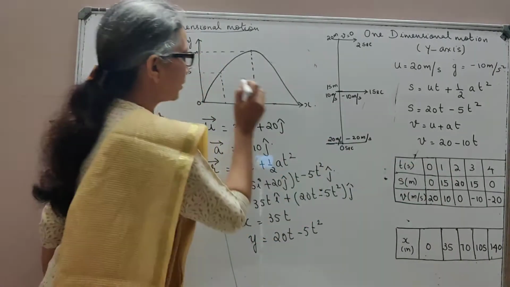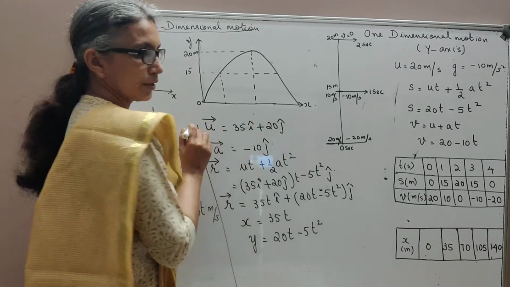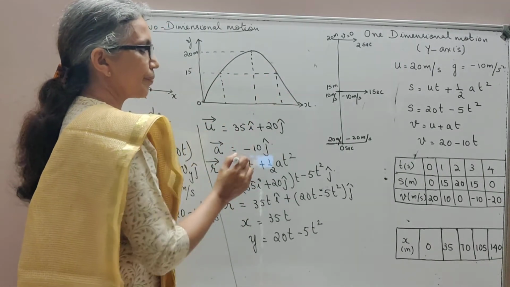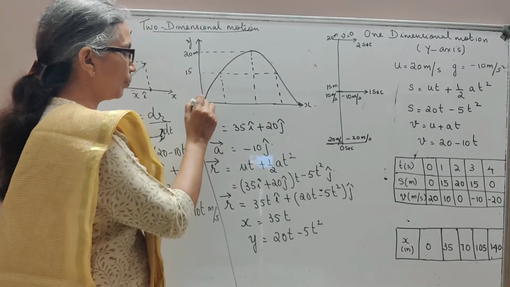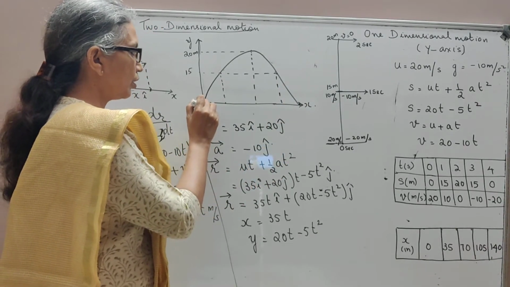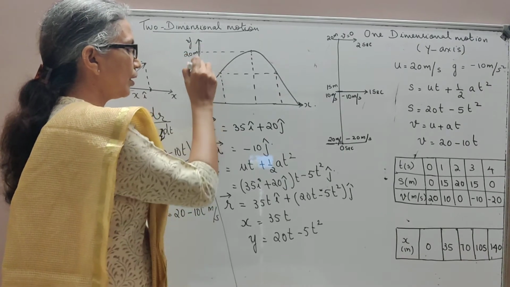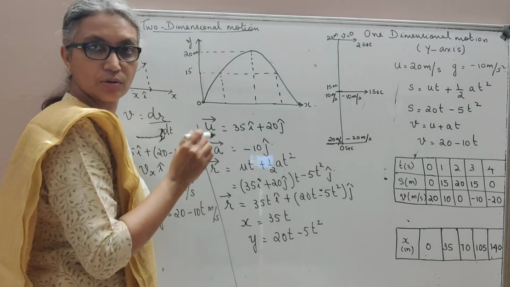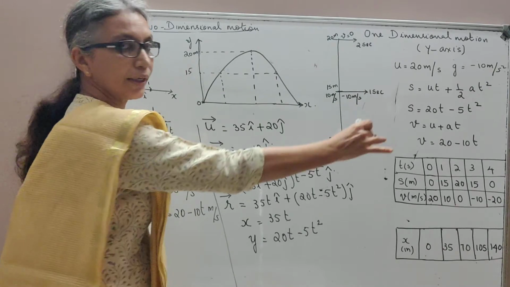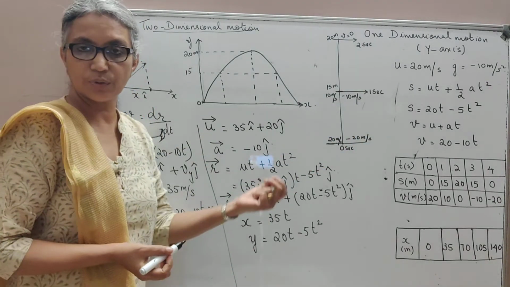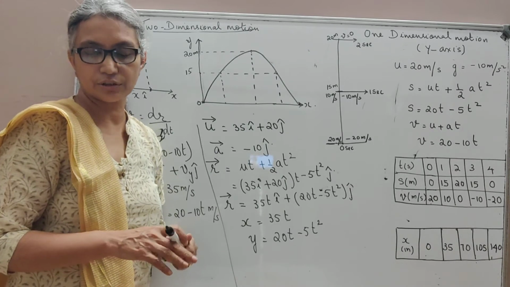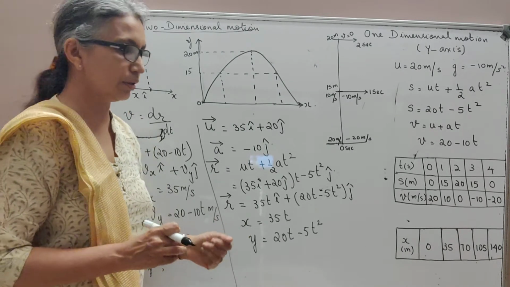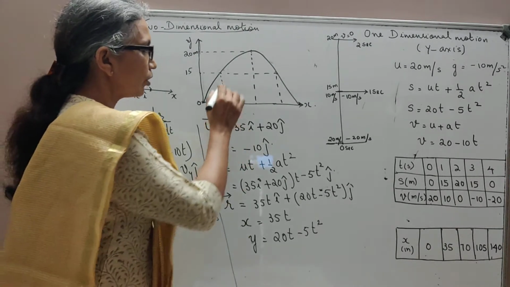Then at 3 seconds, it's again at 15 meters. That is, this is 3 seconds. And then at 4 seconds, it gets back here. So your y component has gone from 0 to 15 to 20, back to 15, back to 0, just like a body in one-dimensional motion, projected with initial velocity 20 meter per second and under the action of g.